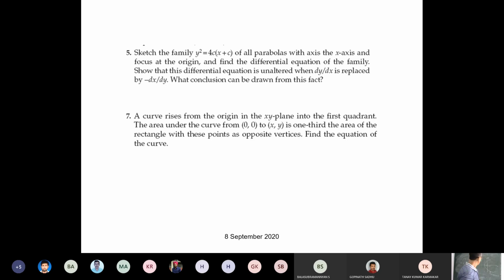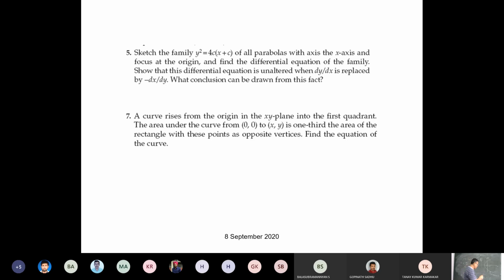Okay, fine. So now let us come to the answer to the last part: what conclusion can be drawn from this fact? That means they're self-orthogonal. So if you want to find the orthogonal trajectories of the given family of curves, you simply get a family of curves represented by the same equations, but there is something here.